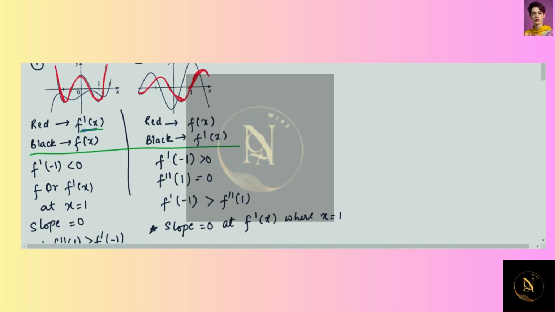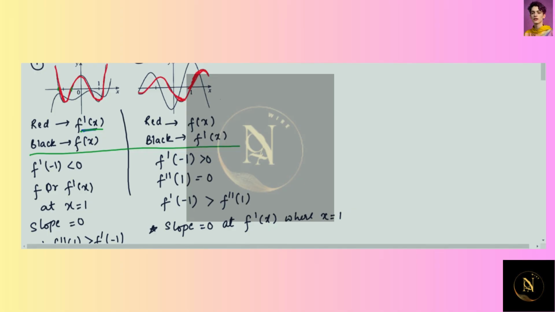So here, f dash of minus 1 is less than 0. You can see here this is minus 1, right?